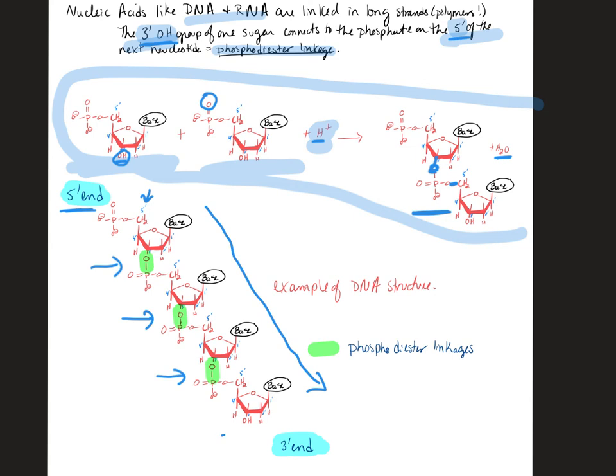And this is the 3' end right here because, again, the 3' end is empty. This is an example of what DNA structure would look like. Of course, you're going to have different bases here, and that's okay. The other thing is that when it comes to DNA, the bases are linked to something else, and then you have another strand that's going up the opposite direction, which we'll talk about next time.